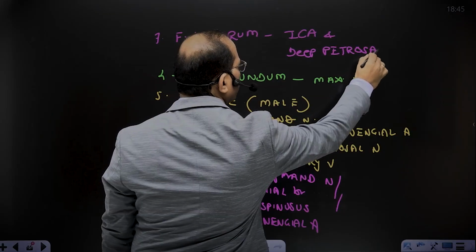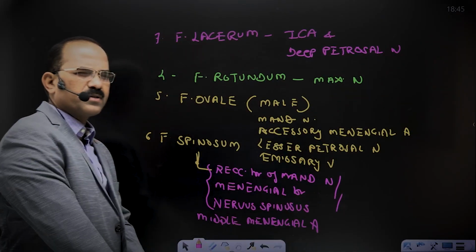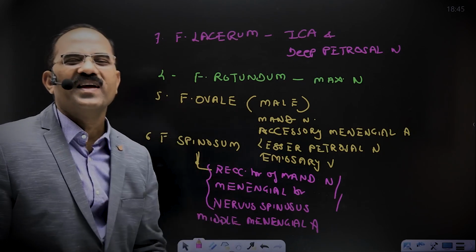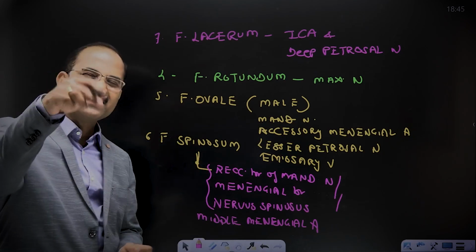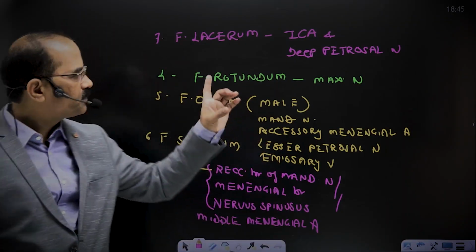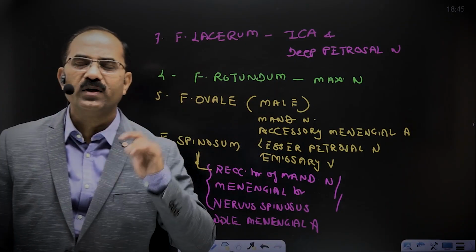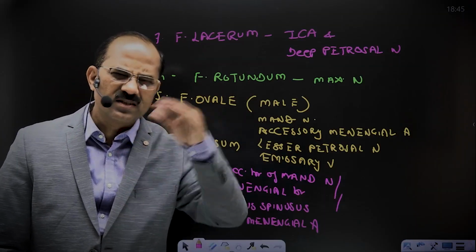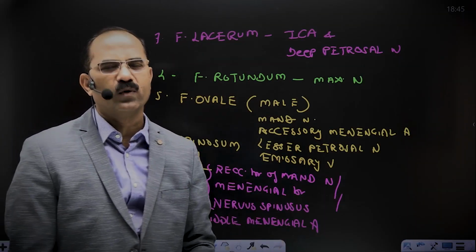Now, what is this deep petrosal nerve? I'll tell you somewhere later. It's the sympathetic plexus around the internal carotid artery. The nerve which we get is the deep petrosal nerve. What is deep petrosal nerve? It's the sympathetics around the internal carotid artery.